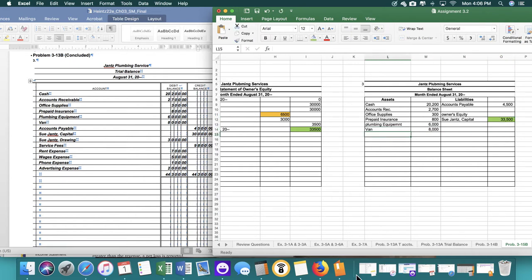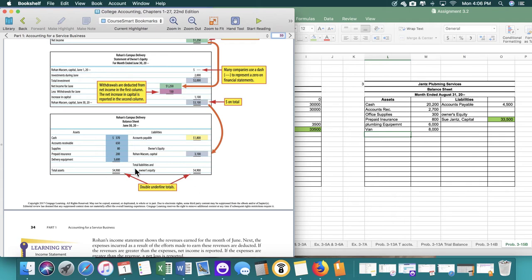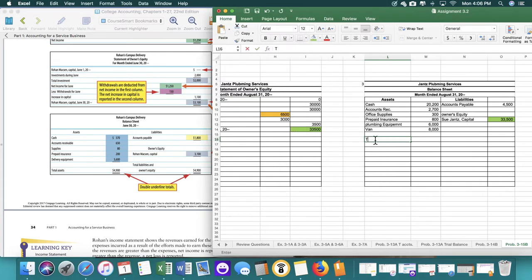And then if we go back to the book, we have total assets, and then we have total liabilities and owner's equity.